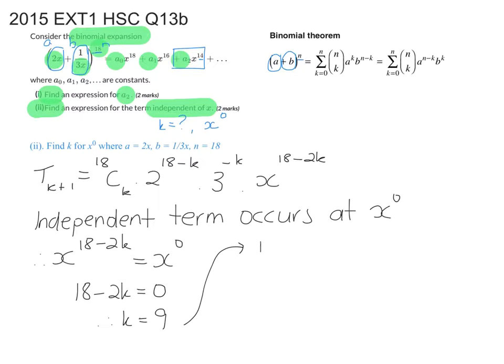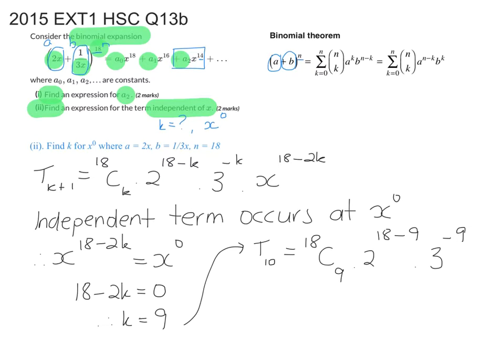And so substituting this value of k into our expansion formula, we'll obtain the expression that will calculate the constant term. And considering that the constant term is independent of x, we don't need to write the x values for it.